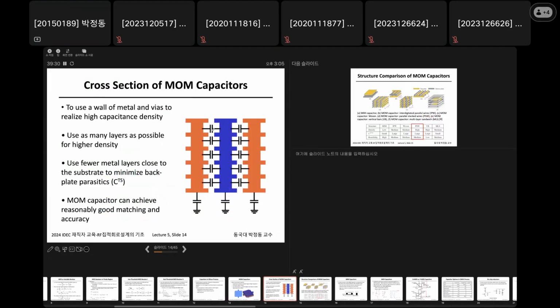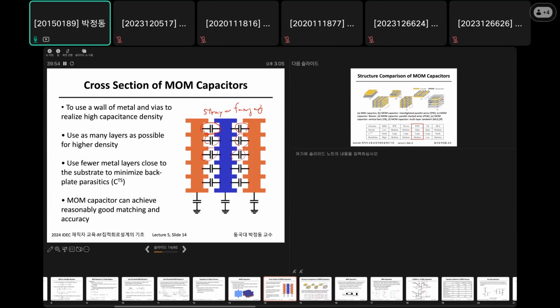So typically, this MOM cap has a large capacitance density, with a fringing capacitor as a stray capacitor, stray or fringing capacitor, right? Those capacitors are very important.